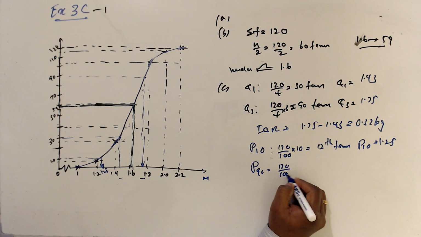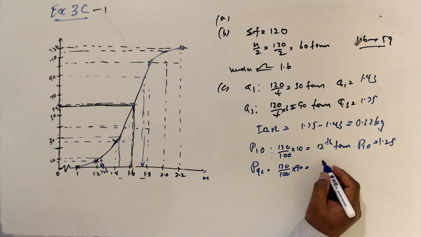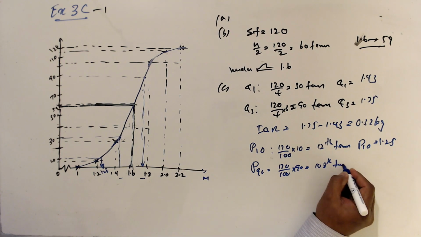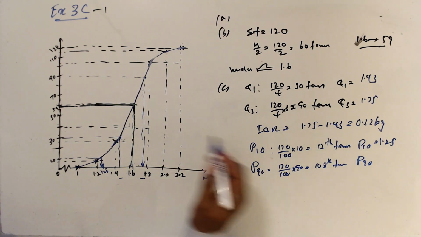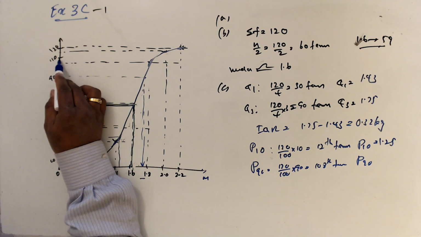And P90, 120 divided by 100 multiplied by 90. This is going to be the 108th term. So 108 is somewhere here.